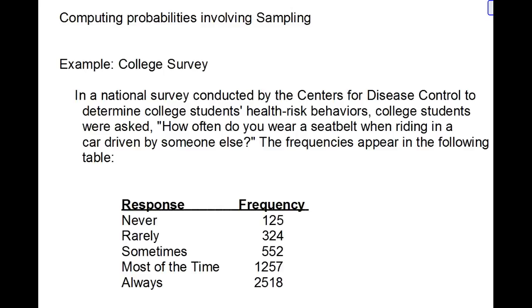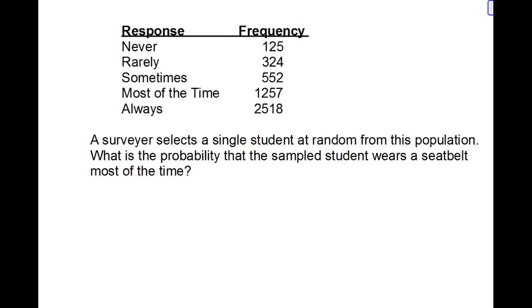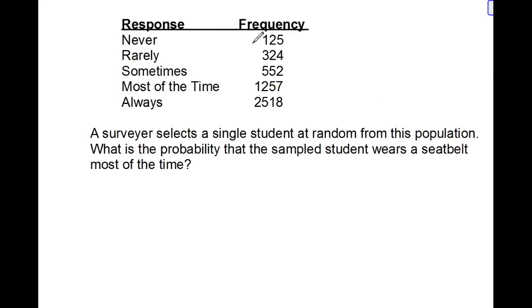So these are people riding in a car driven by someone else. 125 responded that they never wear their seatbelt. 324 rarely wear their seatbelt. 552 sometimes wear their seatbelt. 1,257 most of the time wear their seatbelt, and 2,518 always wear their seatbelt while riding with someone else driving.